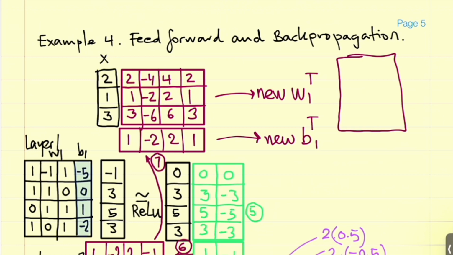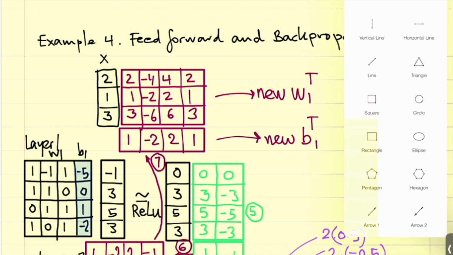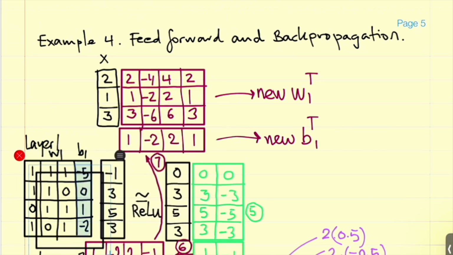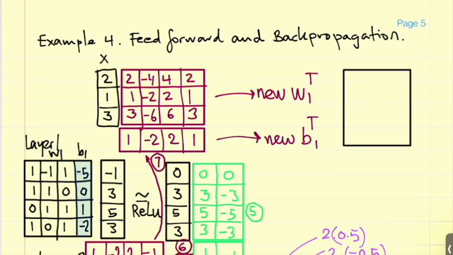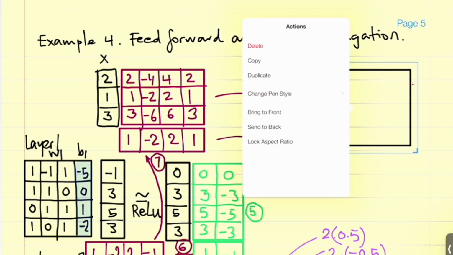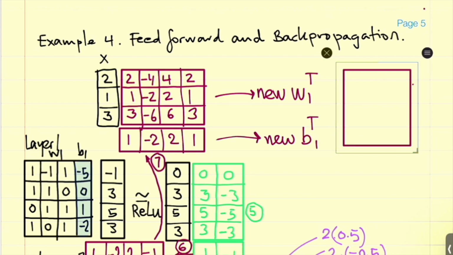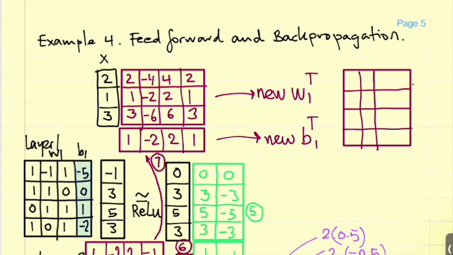Our new weight matrix 1 goes like this: 2 minus 4, 4, 2, 1 minus 2, 2, 1, 3 minus 6, 6, 3, and the bias is 1 minus 2, 2, 1.